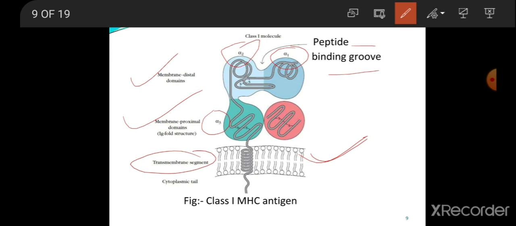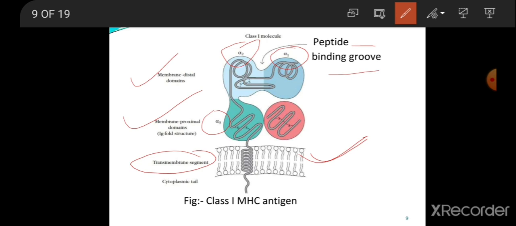In human beings, alpha 1 and alpha 2 are found at chromosome number 6, and this is also a binding site.